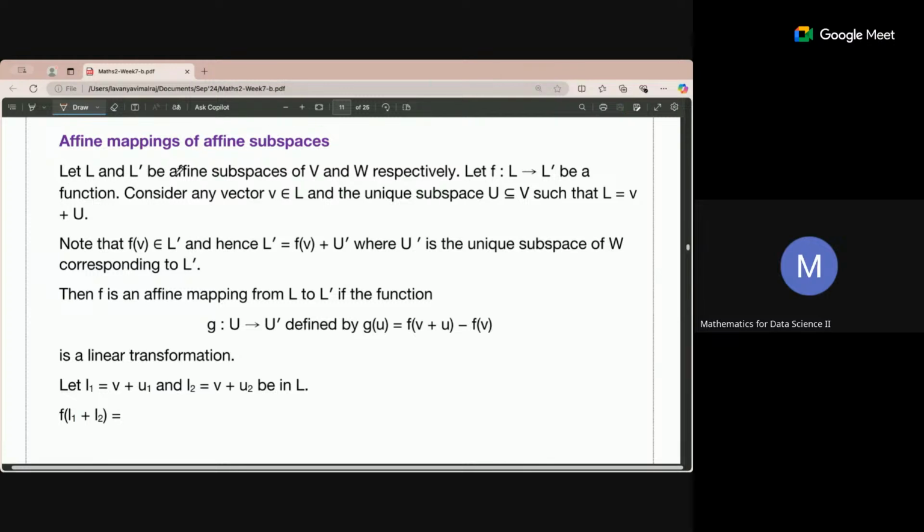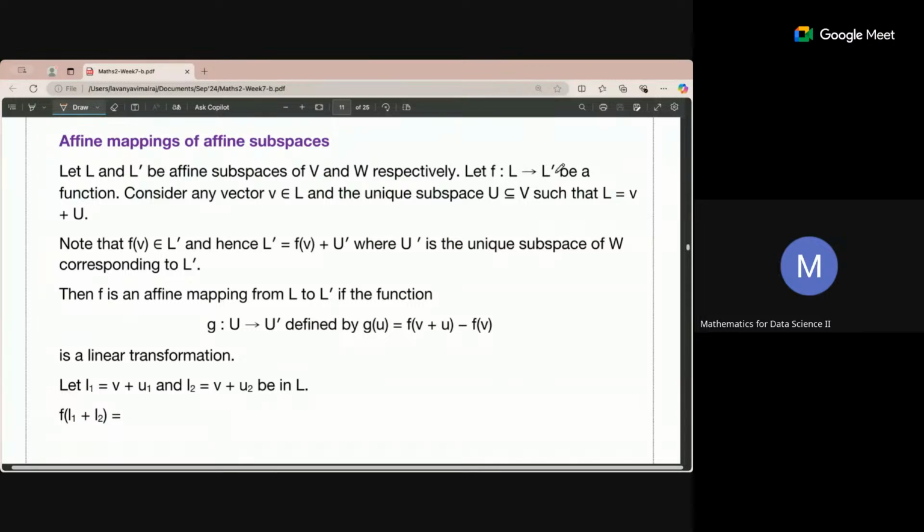Let L and L dash be affine subspaces of V and W respectively. So let us take two affine spaces, and the corresponding subspaces here are V and W. We are going to define a map from L to L dash. So here you have L and here you have L dash.